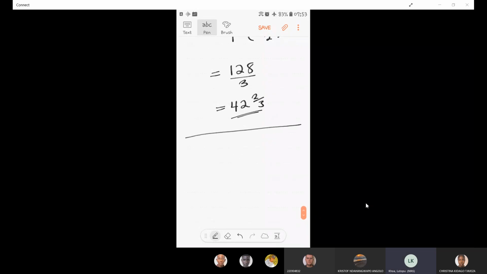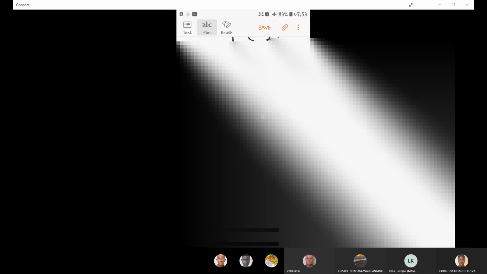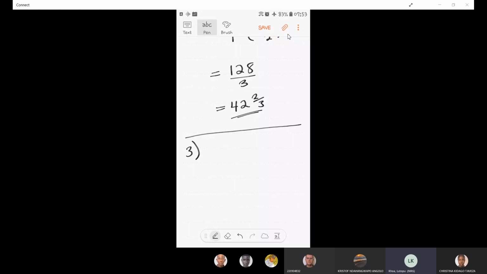Then number 3. Number 3 says you are given a geometric progression, which is y, 2, 4 over y, and p.